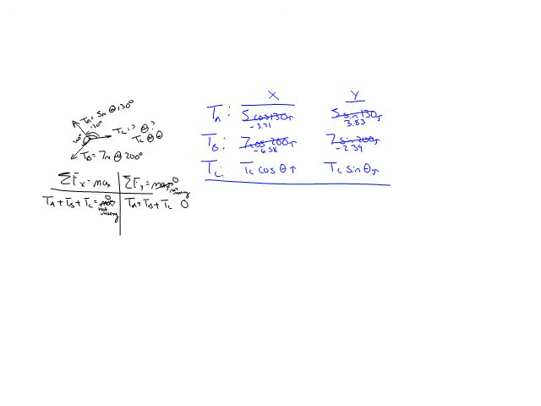So I'm going to look at this x stuff. And this is my x stuff, basically. And it's going to go negative 3.21 minus 6.58 plus TC cosine theta equals 0.